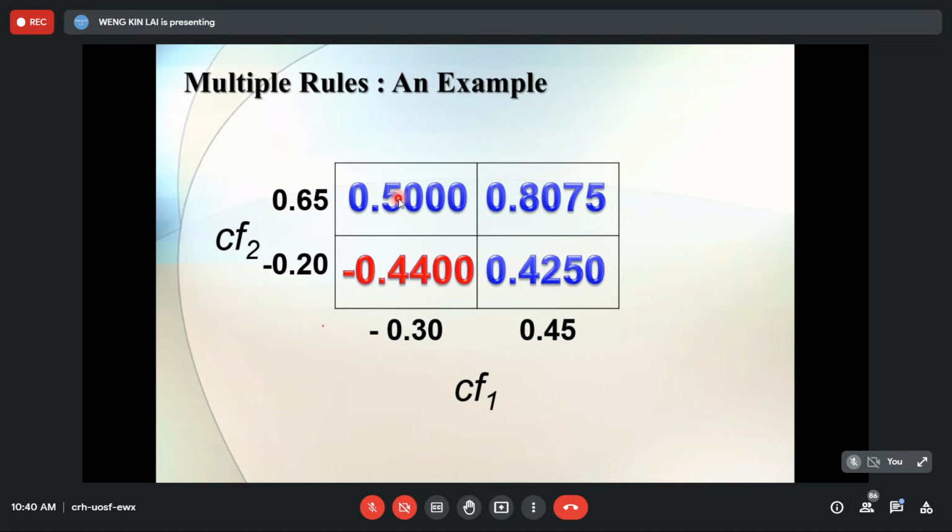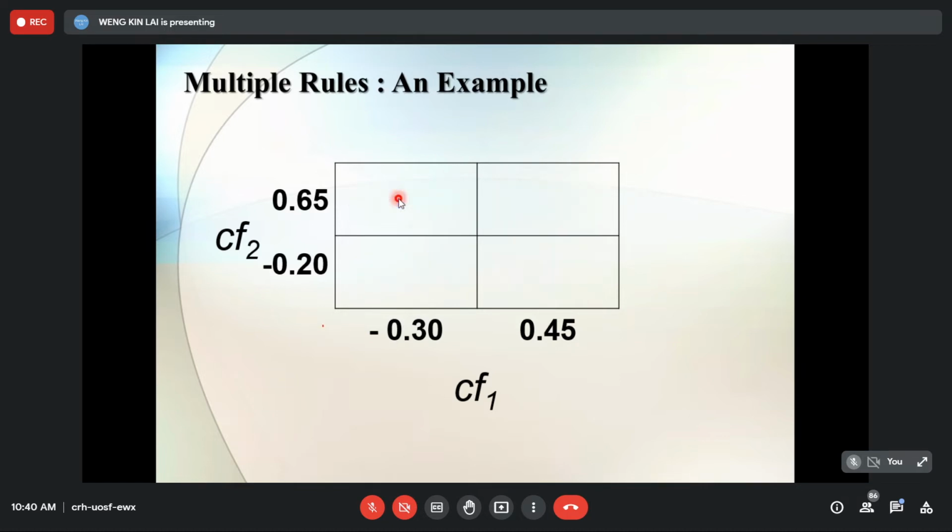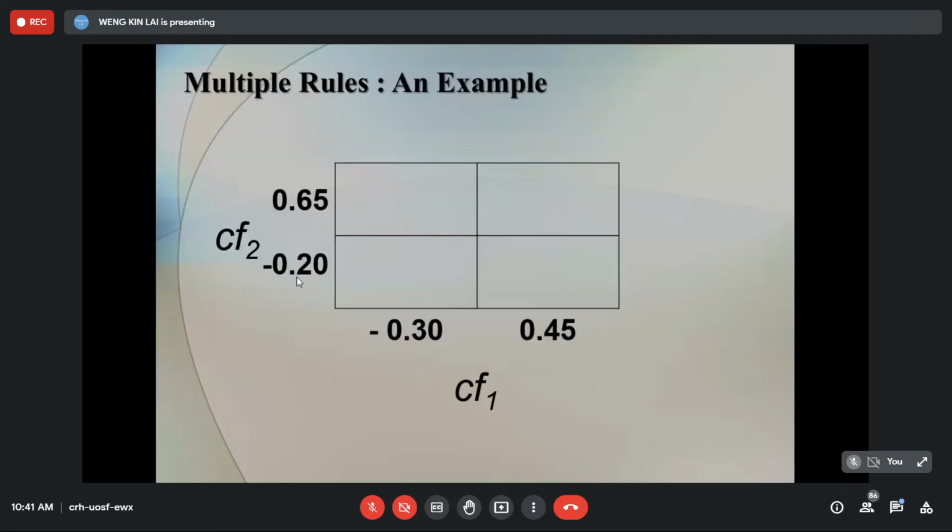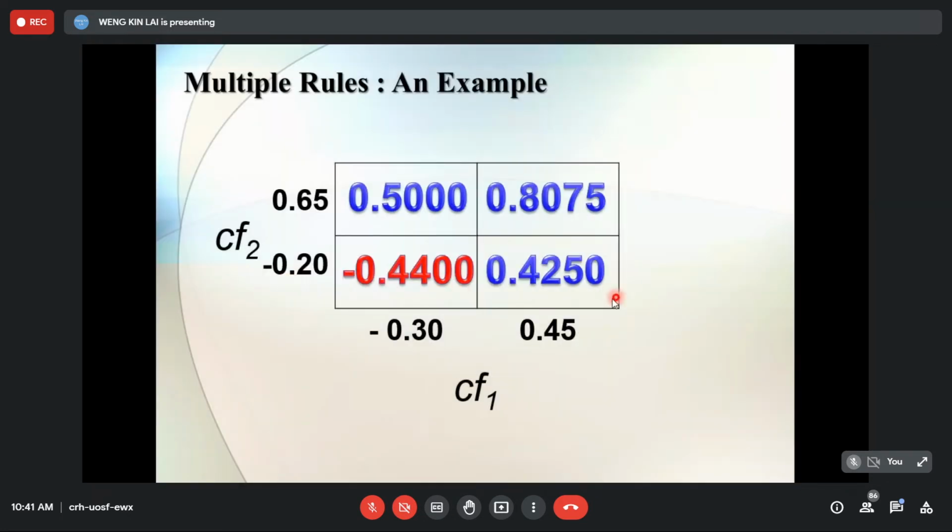Now over here, if one of them is not the same, that means that one of them is negative, and this is positive. So positive and negative will decrease it, and the same applies here. Positive, negative. So this actually decreases your positive certainty factor.